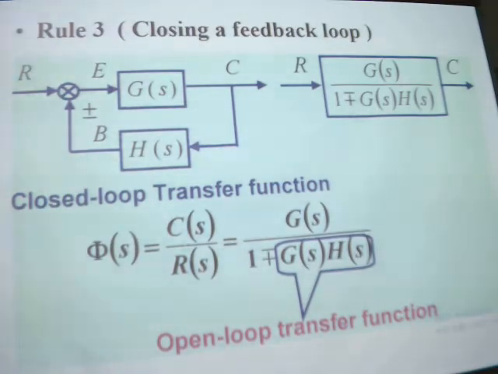For the closed loop complete system, its transfer function is written as phi(s), not G(s). This transfer function phi(s) means the closed loop system.